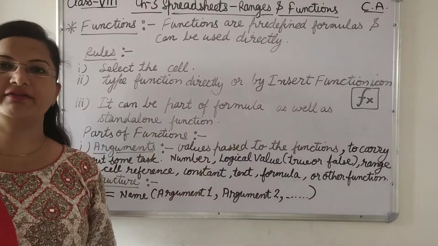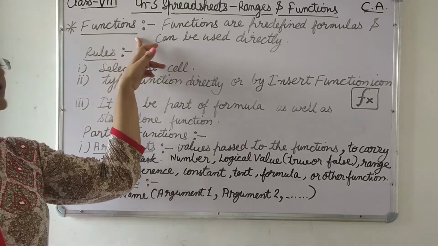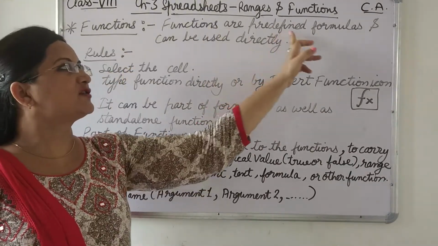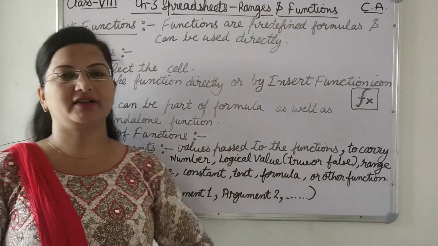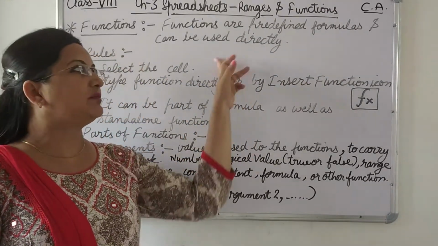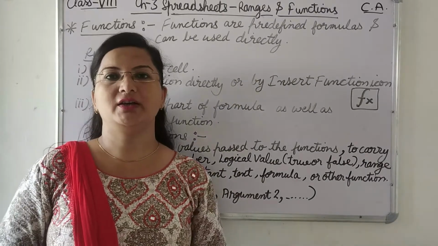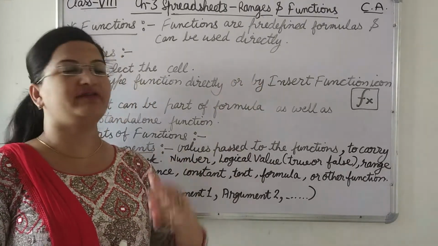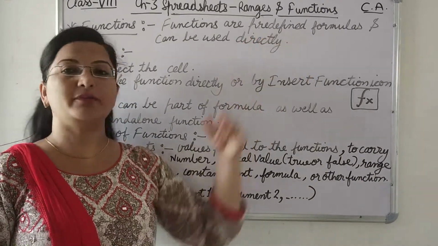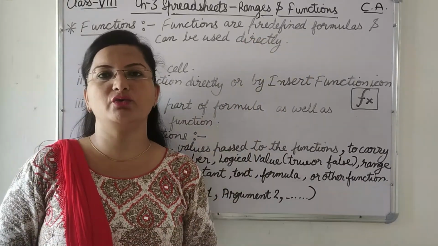Now students, we will study a new topic, that is functions. Functions are actually predefined formulas and can be used directly. That means till now we were using only formulas, but we can also use inbuilt functions. Okay, there are some predefined formulas that we can use directly.